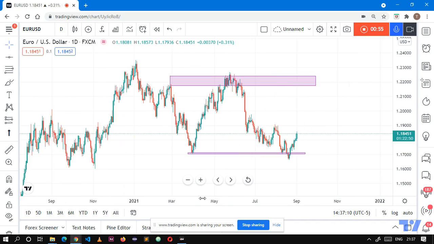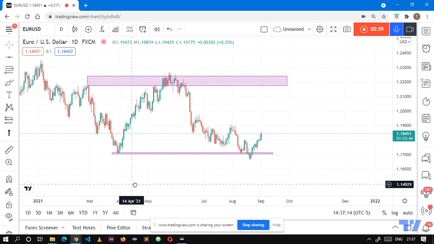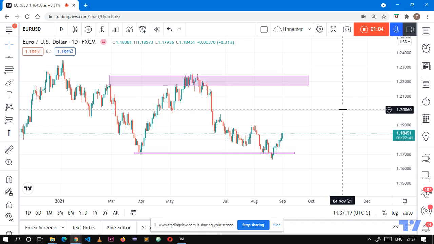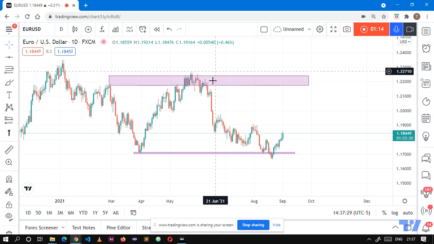So that price range. Obviously, I'm going to analyze it from a support and resistance point of view, and not ignore the head and shoulders that is potentially forming. So now we have resistance here.